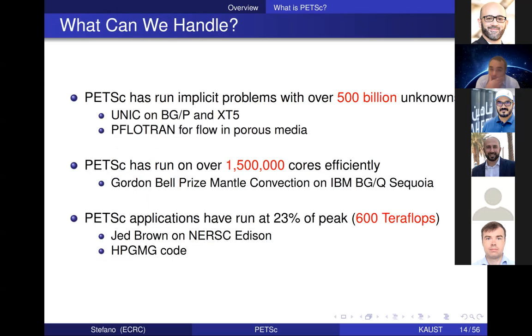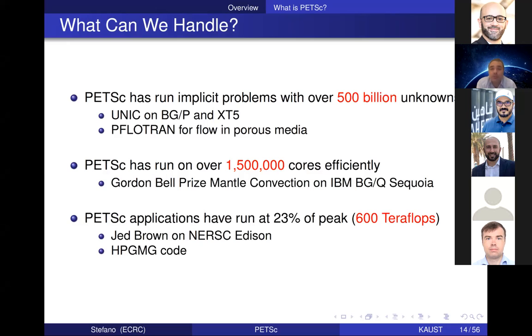So what can PETSc handle? This is just to give you an idea of the limits that PETSc has reached in the past. This information is quite old, but gives you an idea of what PETSc can do.